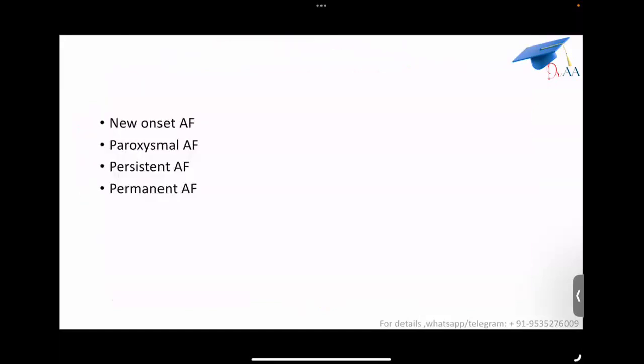There are few definitions which might be tested in the exam, though they are not yet tested. Definitions are important. New onset AF: this person was never known to have AF, now he has AF. Paroxysmal AF: this patient has AF, but it goes back into sinus rhythm on its own without any intervention.